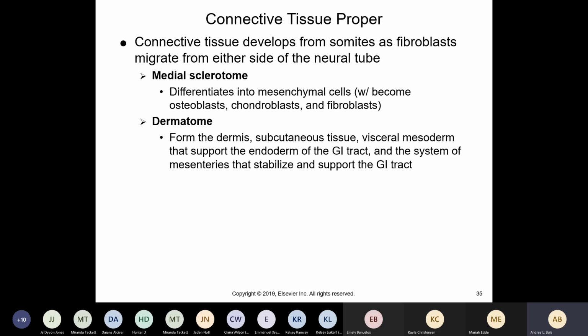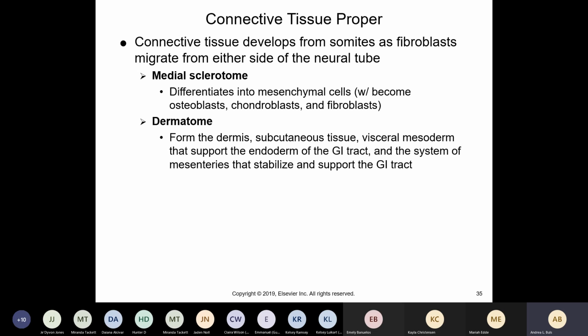Connective tissue develops from somites as fibroblasts that migrate from either side of that neural tube. There's the medial sclerotome, which differentiates into mesenchymal cells. The mesenchymal cells will become osteoblasts, which build bone, and chondroblasts.